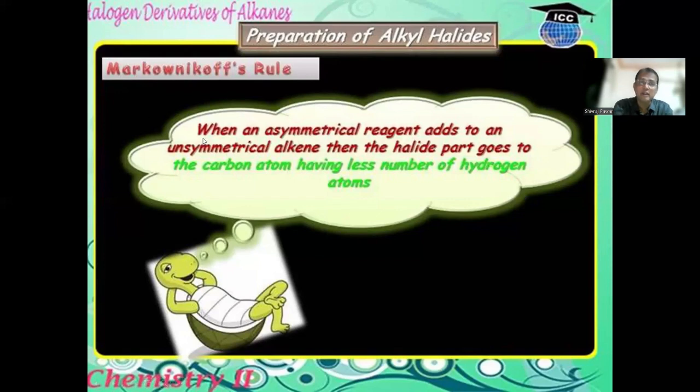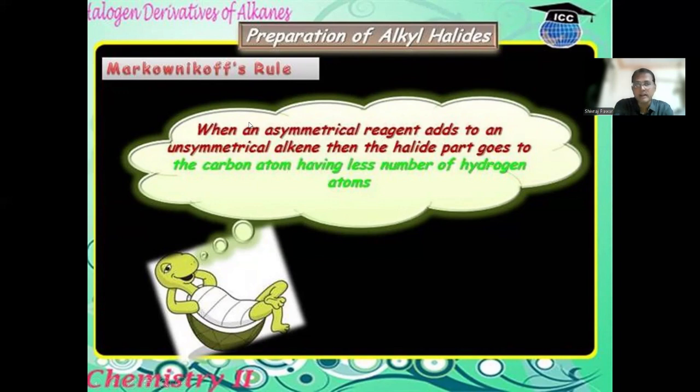But if the alkene is asymmetrical, asymmetrical means the number of carbon atoms around the double bond are not equal. For that, Markovnikov's rule should be applied.